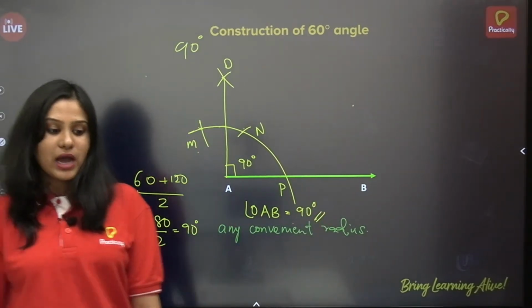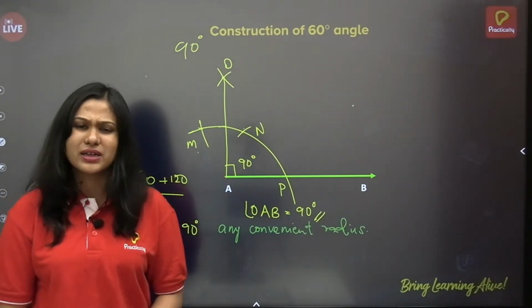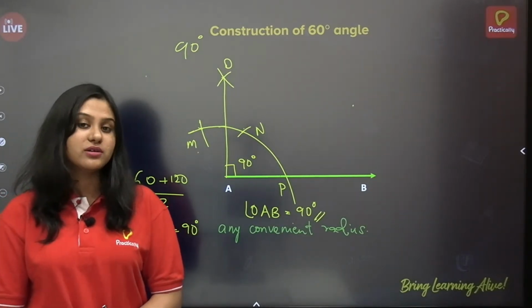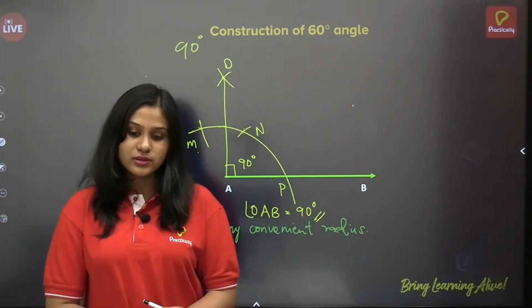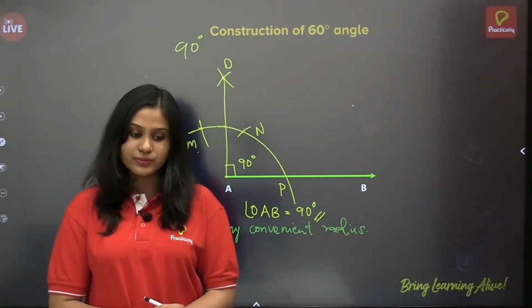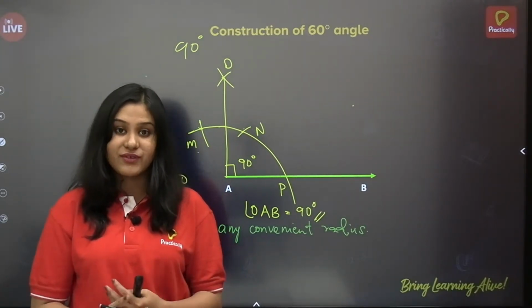Now I have a question for all of you. We have 90 degrees, but can I construct 45 degrees without using a protractor? Can I do it? I want you all to reply whether you can do it.